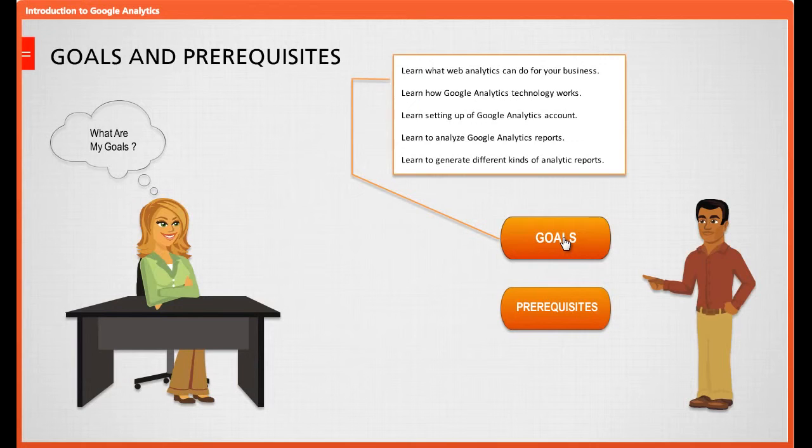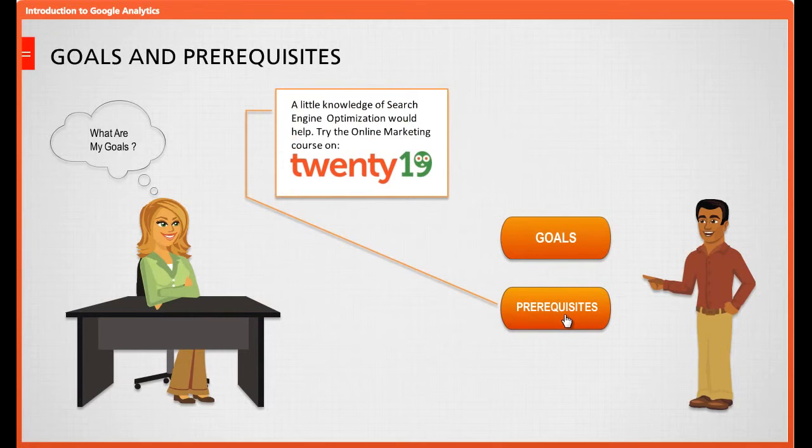So everything you need to know of Google Analytics, that's what this course plans to do. But is there anything else you need to know? Well, nothing much, except if you have a little knowledge of search engine optimization, that would help. So jump into 2019, get hold of my online marketing course, that might just help you.